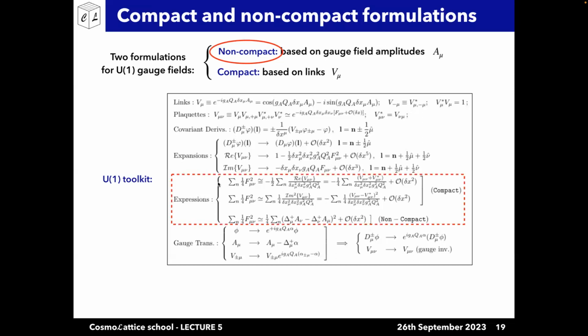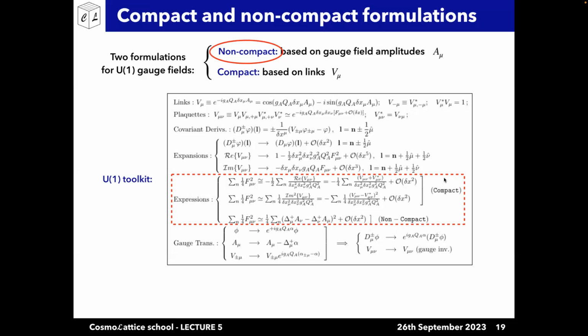So, for example, here you can see a difference between the transformations that you use in the compact and in the non-compact formulations. In the non-compact formulation, this term, which is the term of the gauge fields in the action, we can approximate in terms of discrete derivatives of the gauge field. So this is what we will use in a non-compact formulation.